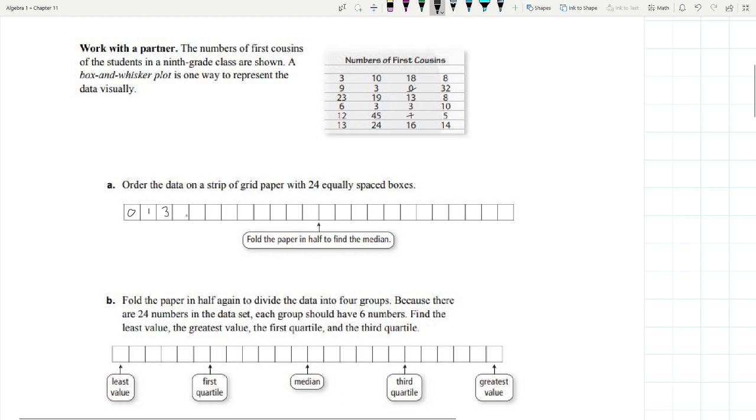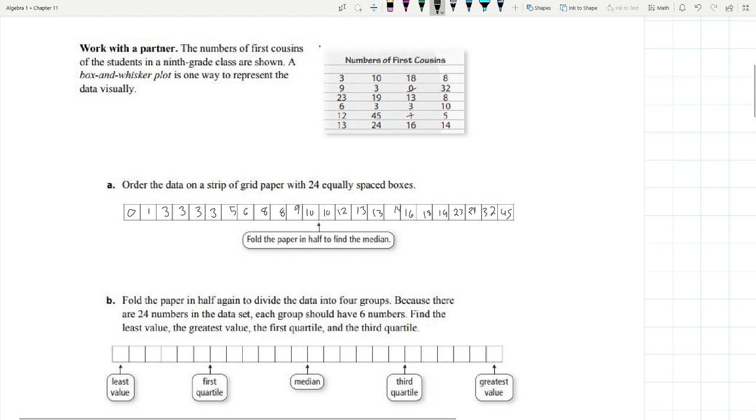So it would be 0, 1, 3, 3, 3, 3, 5, 6, 8, 8, 9, 10, 10, 12, 13, 13, 14, 16, 18, 19, 23, 24, 32, 45. And we'd wind up putting that down below as well.